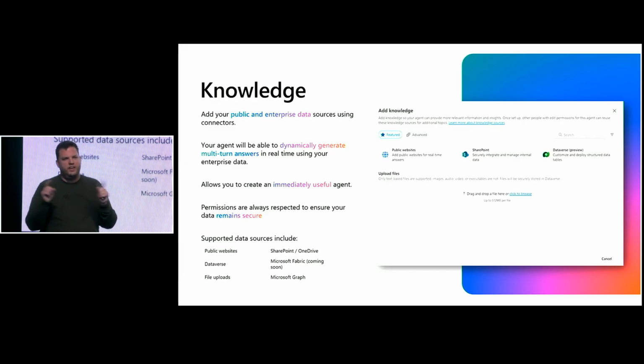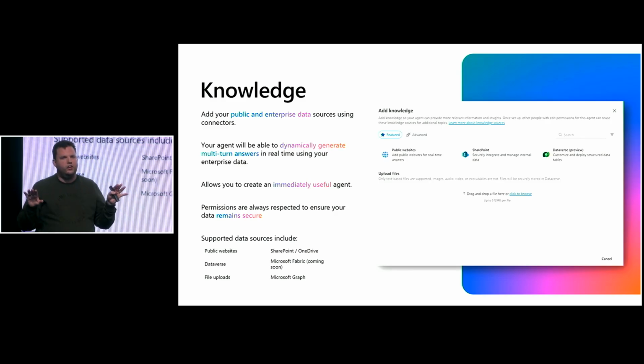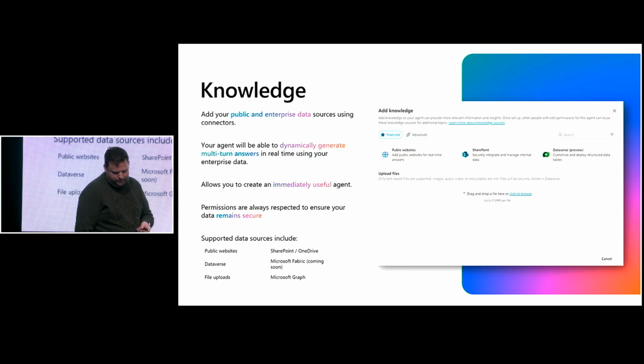Those permissions can be given at the SharePoint level, and then when you add it to the agent through Copilot Studio, it can automatically check those permissions. So it will only show the information you really have access to. That's something that's really interesting as well.